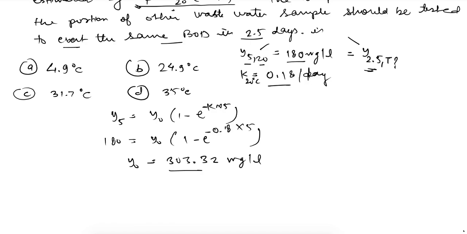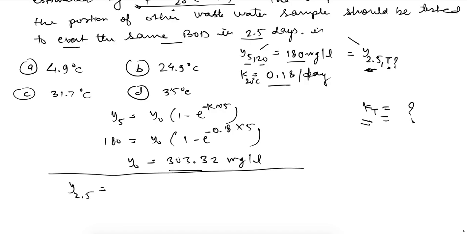Now we know Y naught, and we know that Y for 2.5 days is still 180 milligram per liter, but because the temperature is different, the reaction rate constant will also be different. So let's find this reaction rate constant for 2.5 days. Again we can use the same formula: Y2.5 equals Y naught into 1 minus e to the power minus kt, multiplied by 2.5. This time we do not know the value of k.